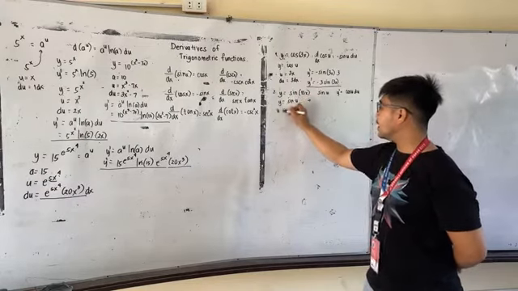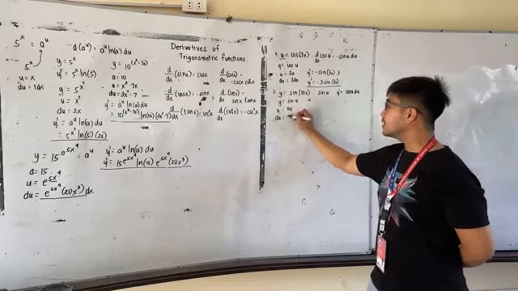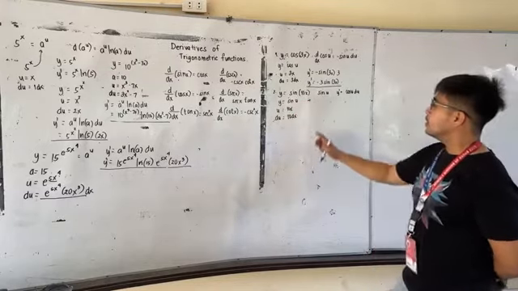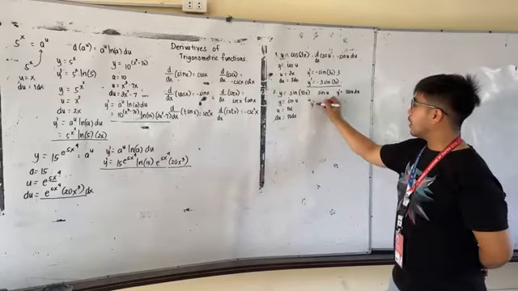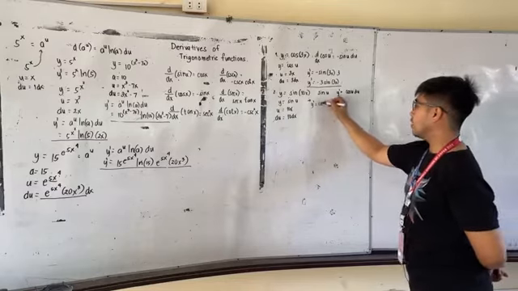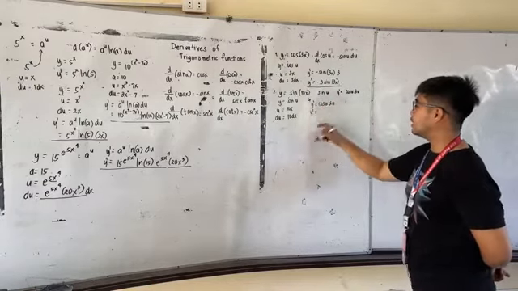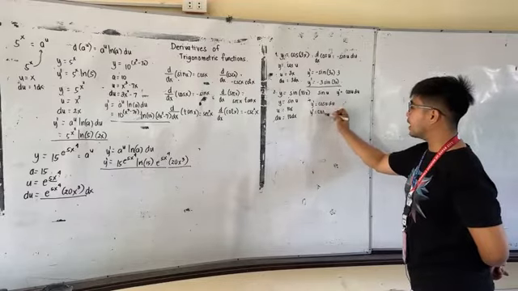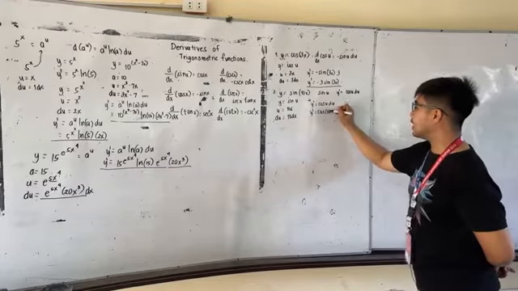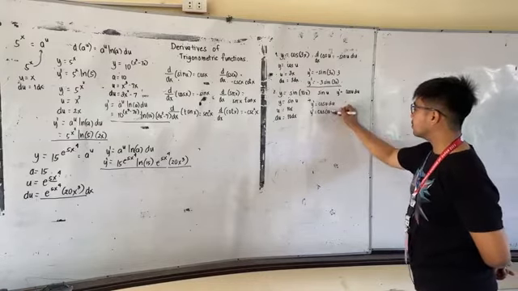Therefore, our u is 10x. What is our du? Our du is 10 dx. Writing here now, therefore, y prime is equal to cosine u du. Write it down. Cosine u du. Therefore, we'll be able to identify the derivative. Therefore, cosine of u, which is 10x. Sorry, this must be 10x.